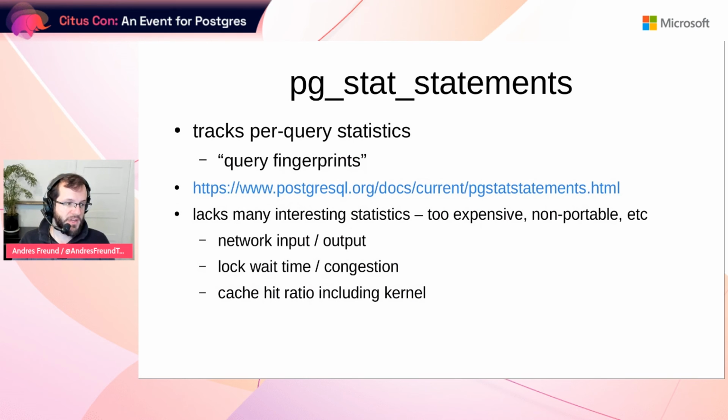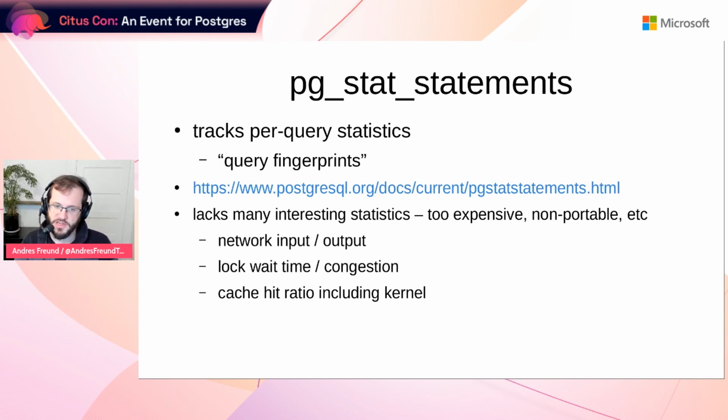One very useful thing is that we can associate all this information with pg_stat_statements. pg_stat_statements is a Postgres extension that collects information about each query, and it already has information about how long the query took, how many times we hit a buffer, how many times we found the data in shared buffers, and how many times we had to go to the operating system.